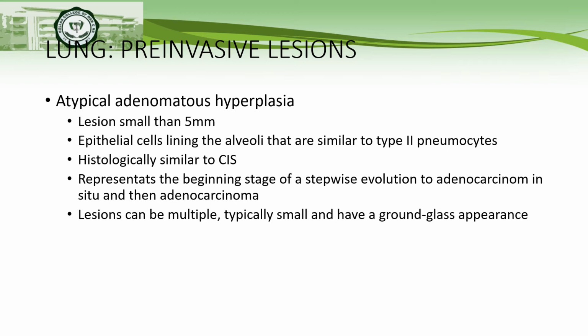Atypical adenomatous hyperplasia actually represents the beginning stage of a stepwise evolution to adenocarcinoma in situ and then to adenocarcinoma. The lesions can be multiple, typically small, and have a ground glass appearance.